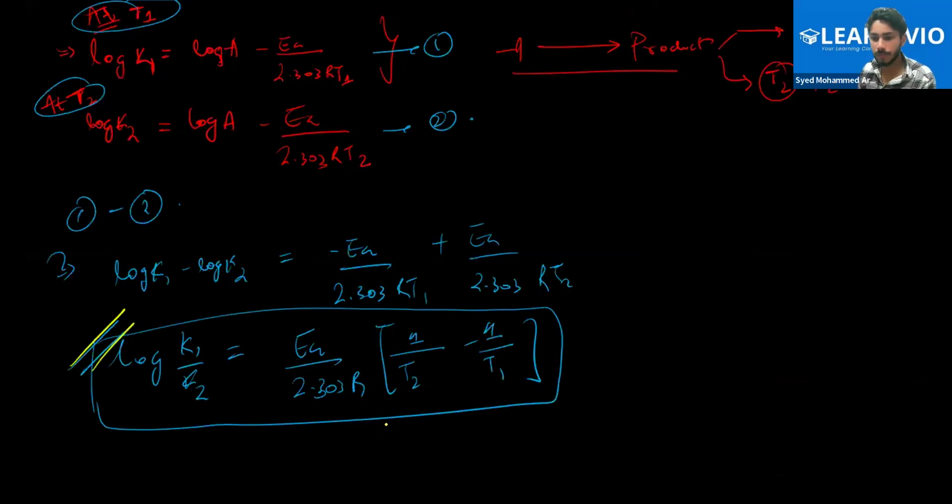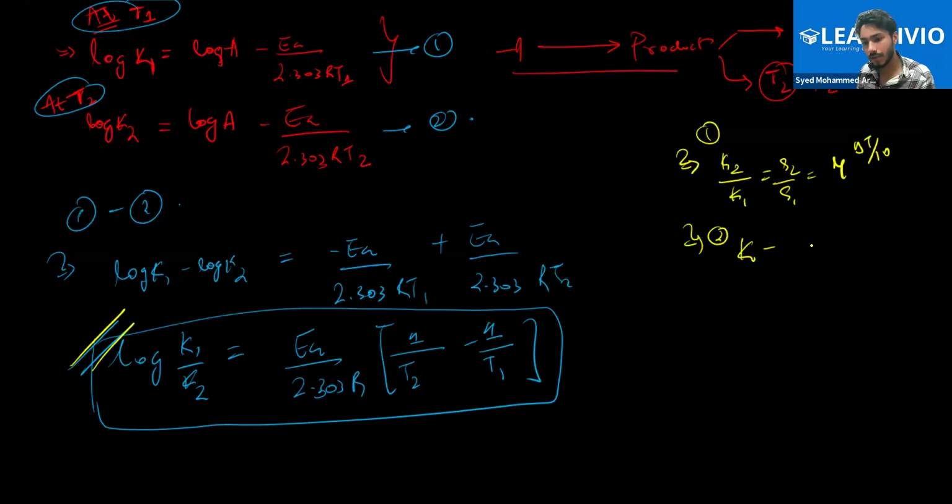The first formula is the relationship between K2, K1, R2, R1, which equals mu to the power delta T upon 10. The second formula is the Arrhenius formula, K equals A e to the power of minus Ea upon RT.